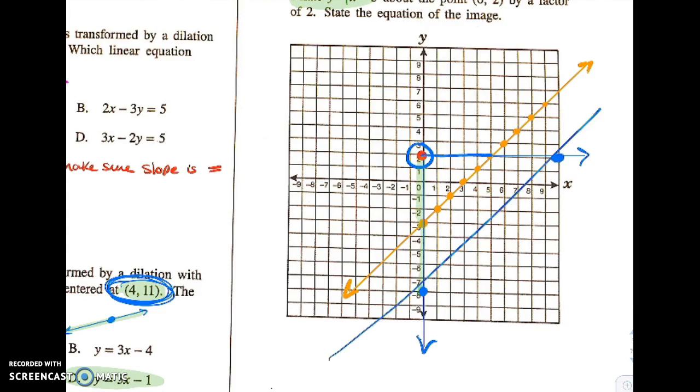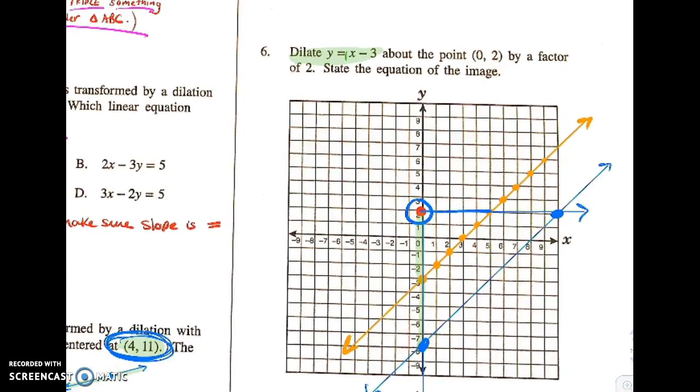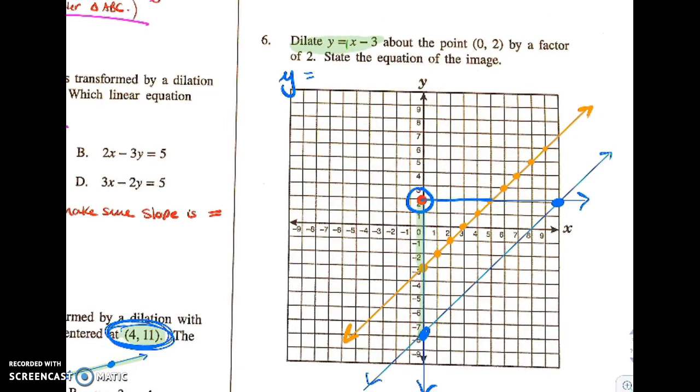If I connect those two, there we go. You know it's going to be parallel because whenever we dilate, it's parallel. So we know the slope is going to be the same, still just 1x, but now the y-intercept is negative 8. So whatever this distance was, I just did it again.